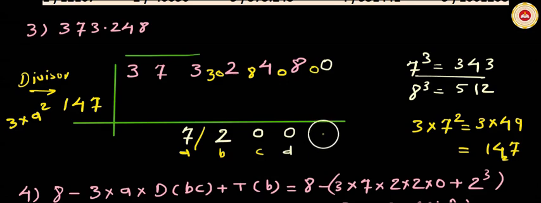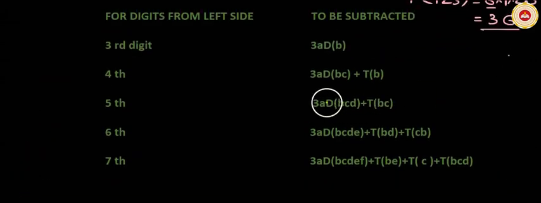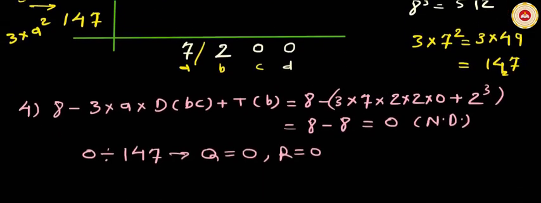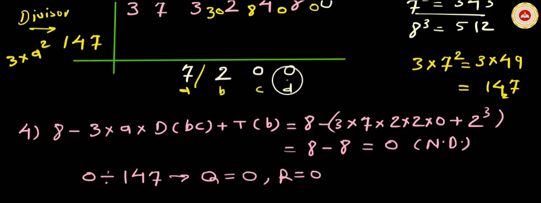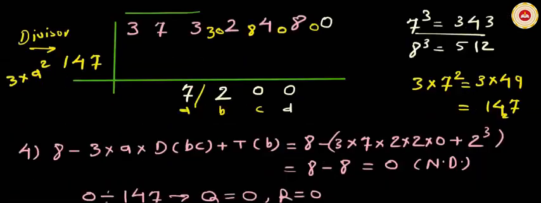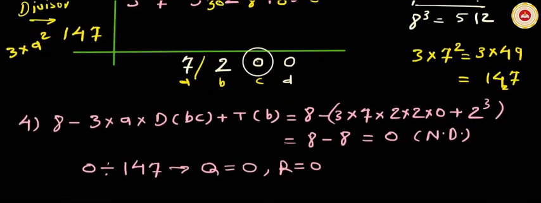Now we are going to find the fifth digit in the cube root. How to find it? We have to subtract the term 3A duplex of BCD plus triplex of BC. BCD means 200, so duplex will be 0, and triplex of BC, where C is 0, will also be 0.